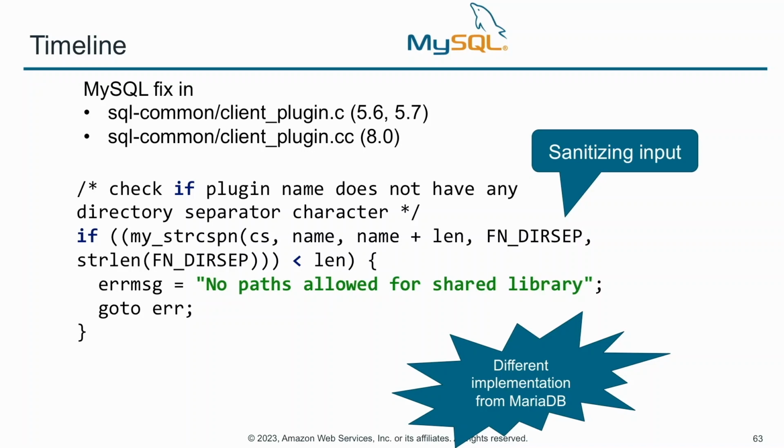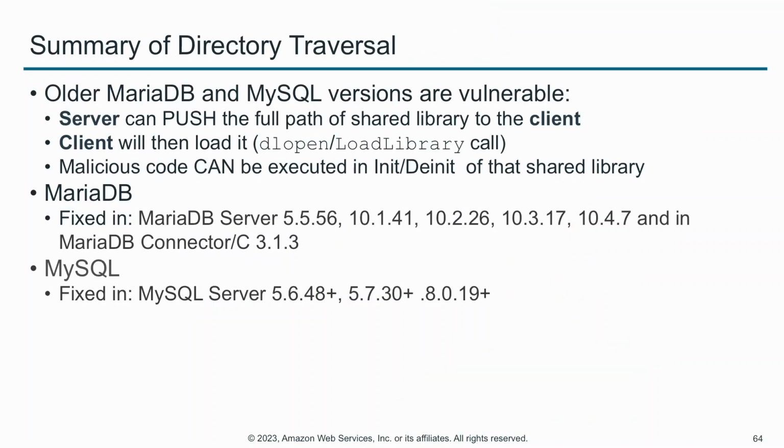So let's first get the summary of the directory traversal. All the MySQL and MariaDB versions were vulnerable. What does that mean? The server can push the full path of the shared library to the client, and the client can load it, assuming this code is there on the client side. So a malicious server, a rogue server, can push that.